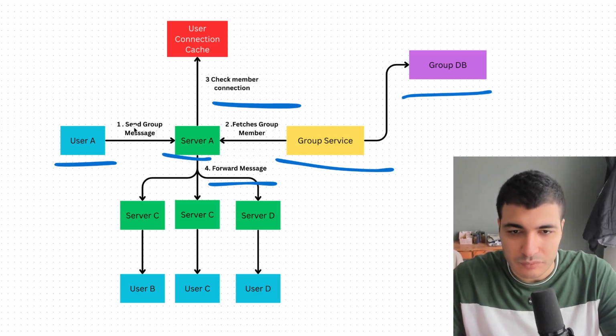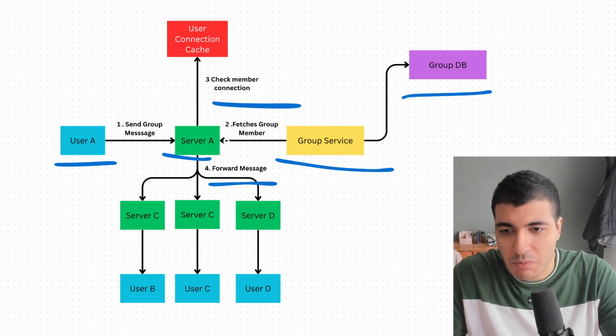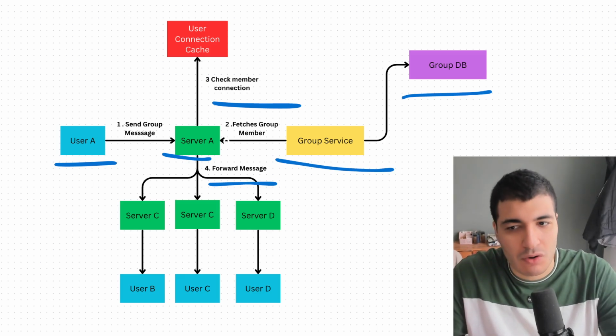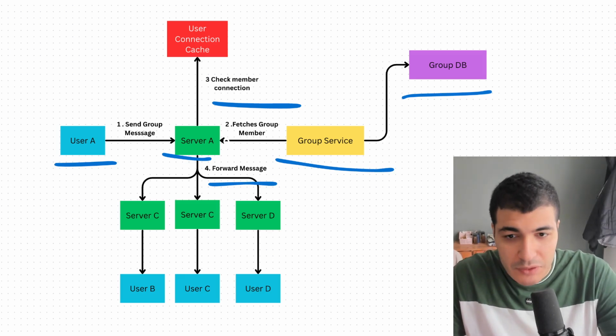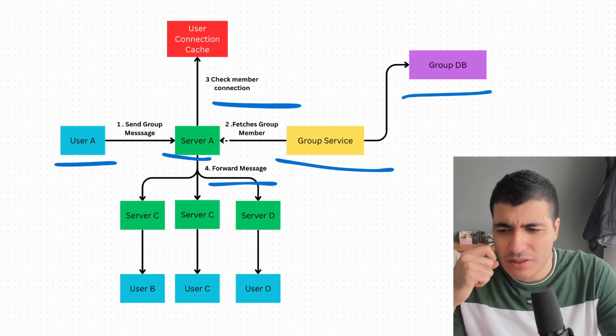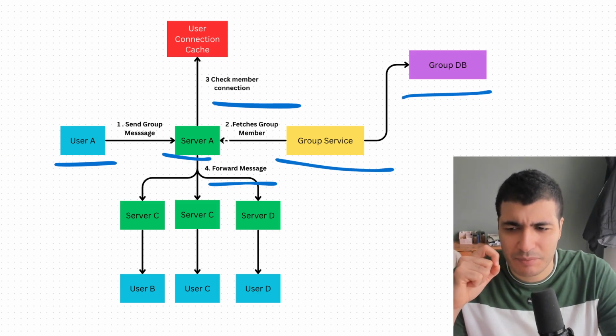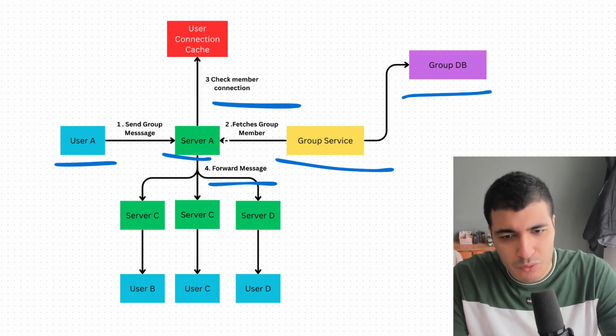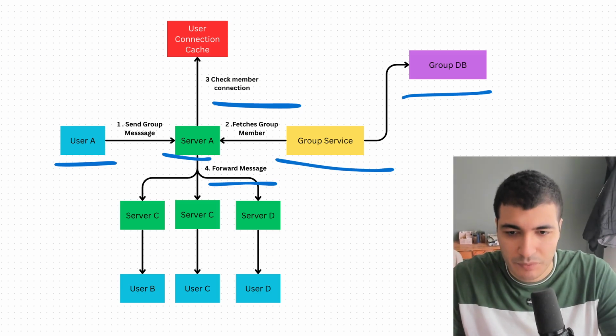There is also fan out at scale. In a group of 500 people, that's 500 delivery operations per message. And you can imagine the load when millions of messages are sent every second. This is why many chat applications limit the group size. WhatsApp currently caps it at, I guess, 1,000 members to keep things manageable.